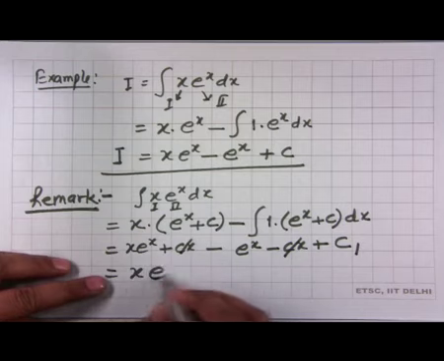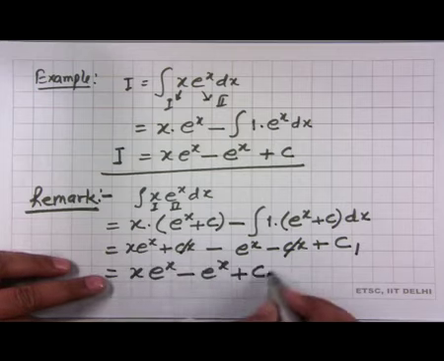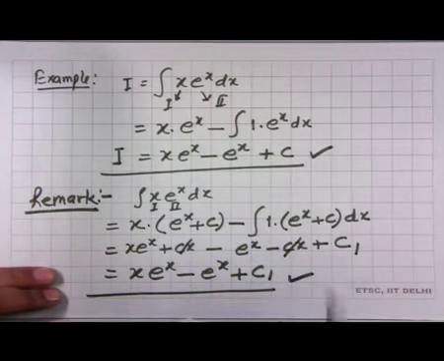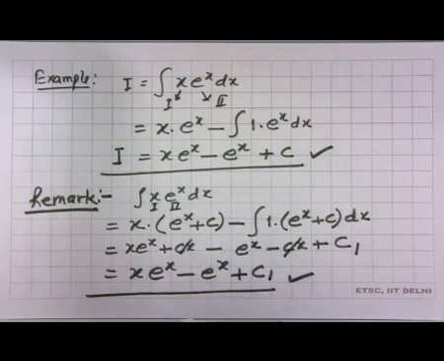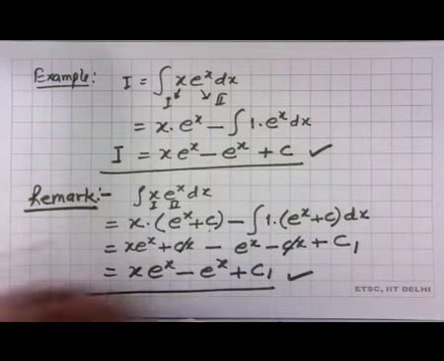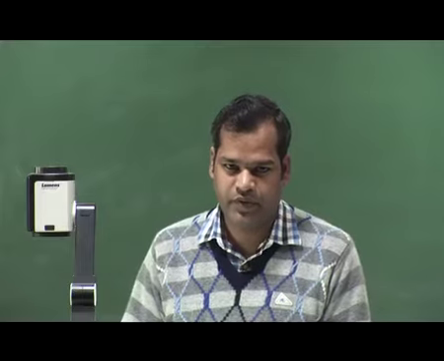So, ultimately I get x e raised to power x minus e raised to power x plus a constant c 1. You know that up to a constant these are fine, so these two integrals are the same. So, it is redundant to write the constant during the process of integration and we can leave them. We do not bother when we are writing the integral of the second function, and at that time we leave those constants.